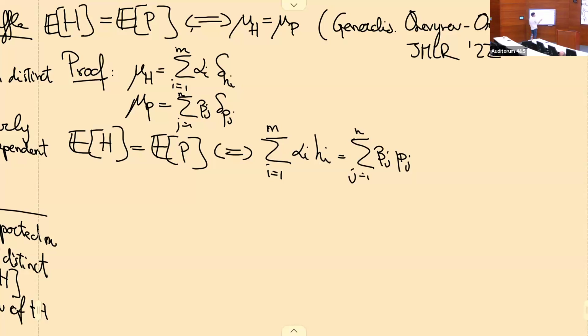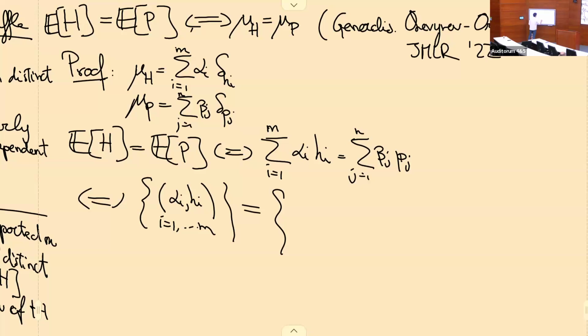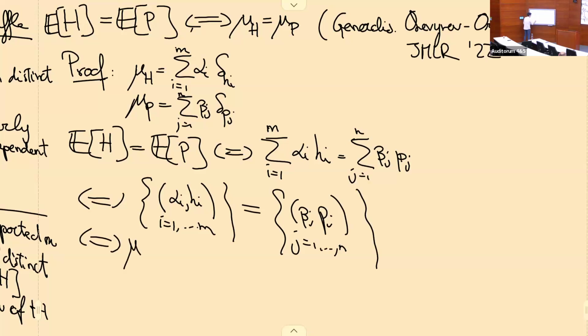And now, because we said that two distinct signatures are linearly independent, it must be that the two sets of tuples, alpha_i, h_i for i from 1 to m, and beta_j, p_j for j equals 1 to n, are equal, because of the linear independence. And now these two sets are equal if and only if the two measures are equal.